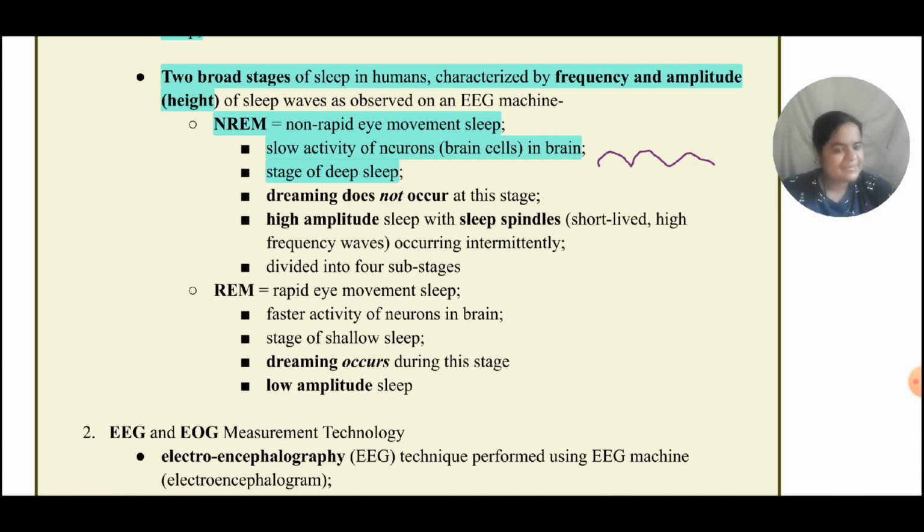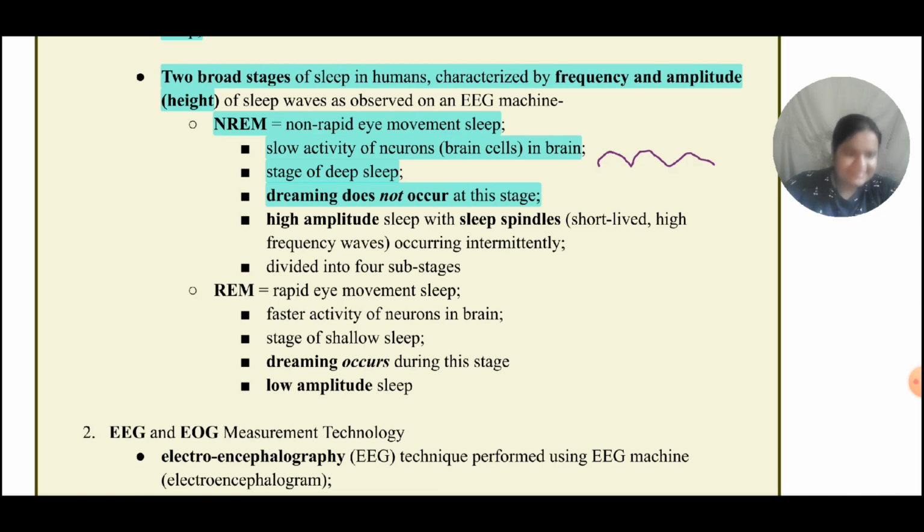So this is a deep stage of sleep. Dreaming is not found to occur at this stage. This also follows logically. We just saw that dreaming means seeing things, hearing things, feeling things when we are sleeping. So if that is to happen, as I'm sleeping, I'm to see, think and feel so much, my neurons will be very active.